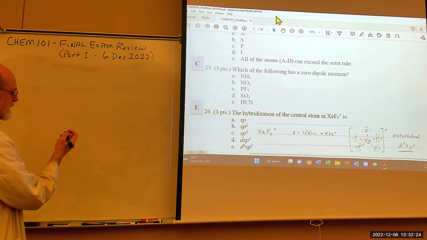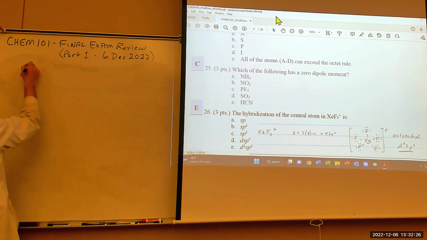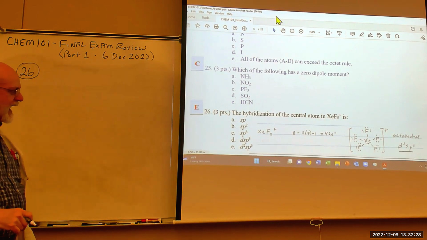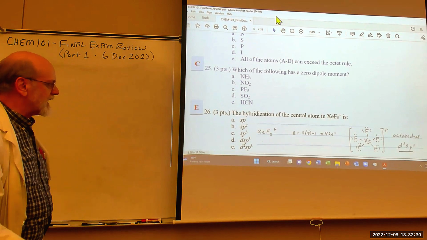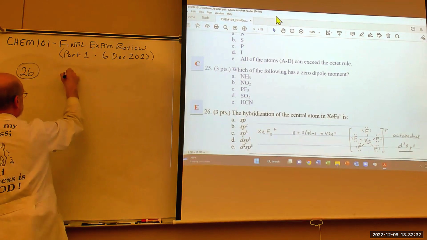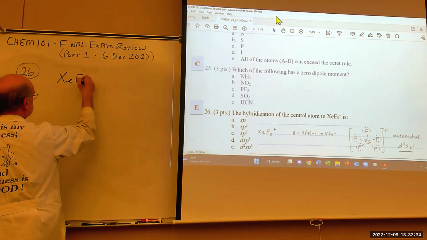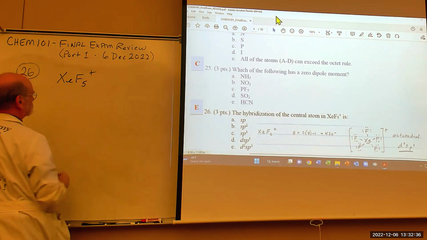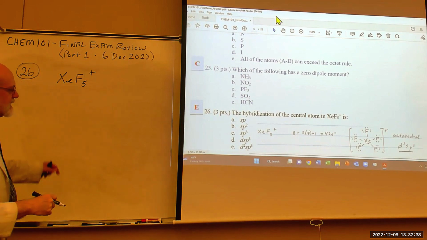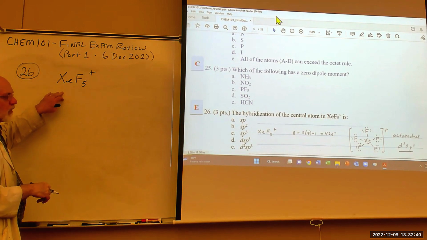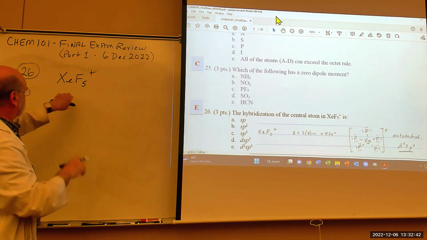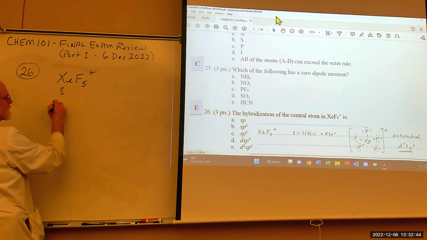All right, 26. The hybridization of the central atom of XeF5 plus. XeF5 plus. Okay. So we have 8 electrons here.